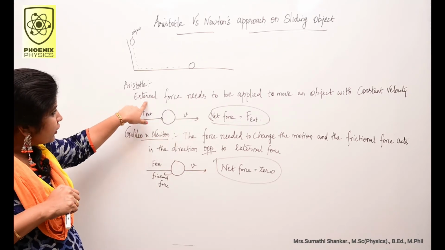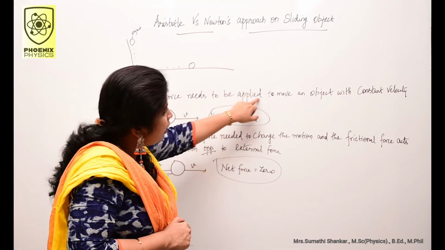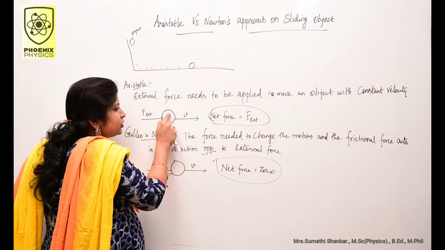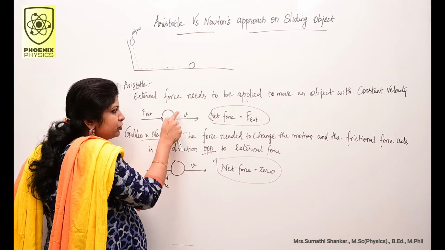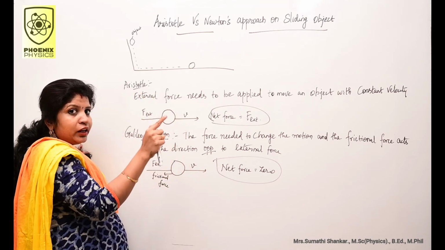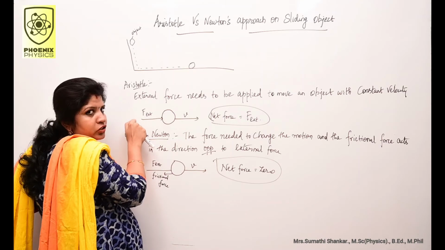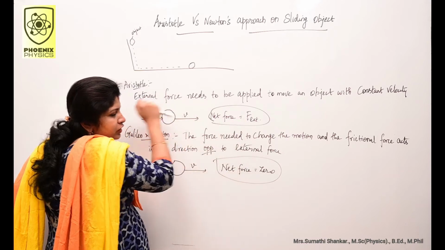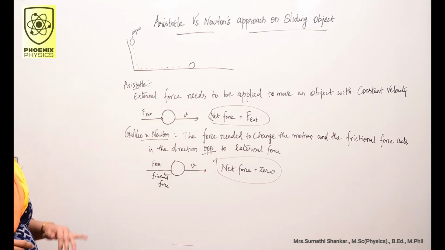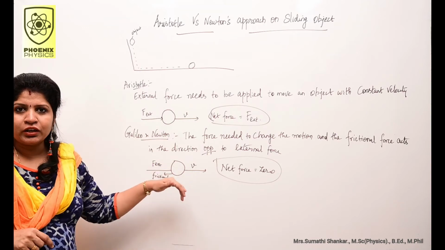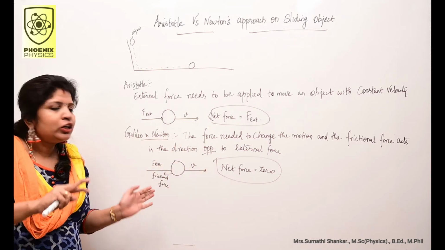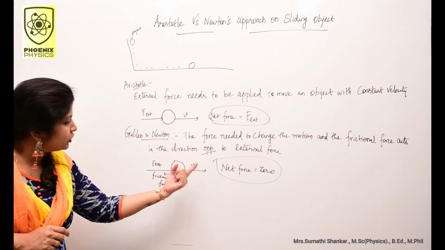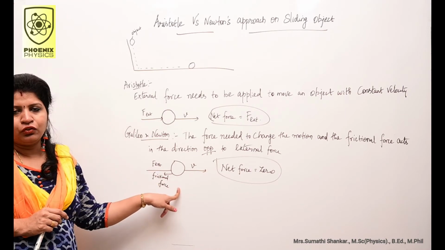That is, external force needs to be applied to move an object with constant velocity. Consider this as an object. This object moves with the constant velocity only if you apply external force. So the net force is equal to F, the external force. But Galileo and Newton said force is needed to change the motion of the object, and the frictional force acts in the direction opposite to the external force.